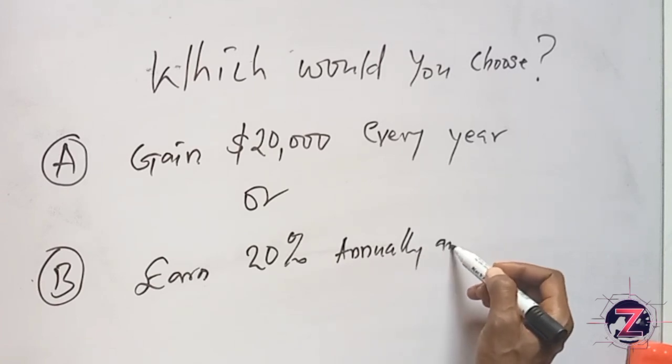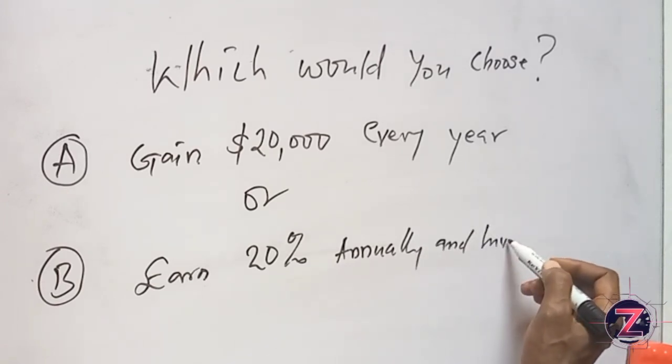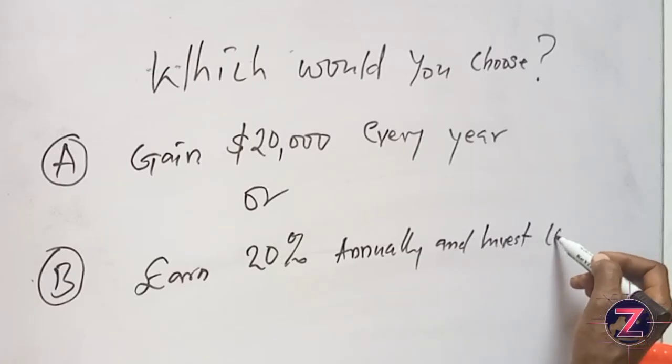Whether A or B, the initial amount is the same. Take it to be $100,000.